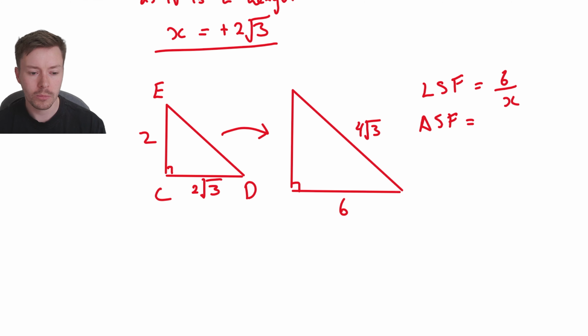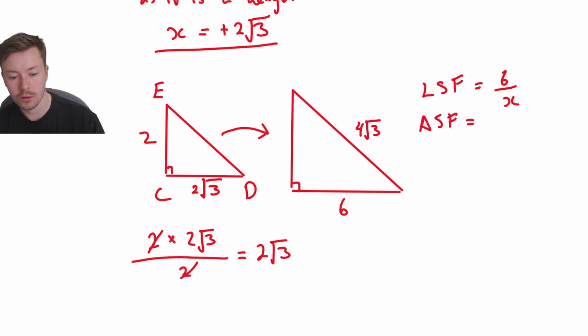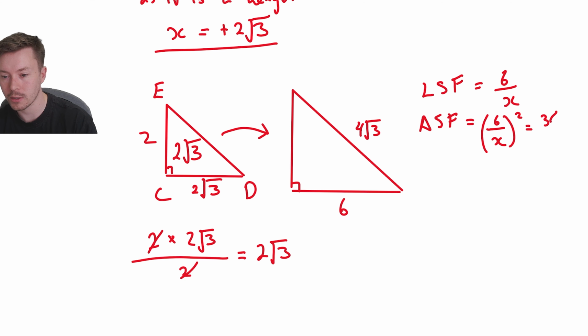But what I'm going to do, because it's a bit more interesting and I like similar shapes, I'm going to work out the area of this one. So that's going to be 2 times 2 root 3, and then I'm going to half it, and that's going to cancel out this 2 here. So the area of this triangle is 2 root 3. So the area scale factor is 6 over x, the length scale factor, squared, which is going to be 36 over x squared.